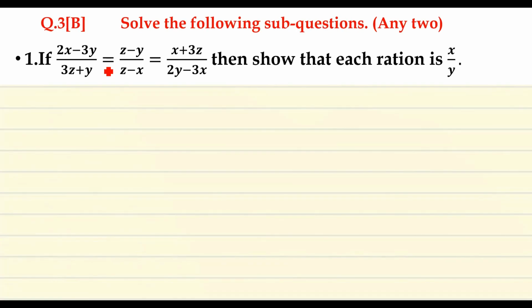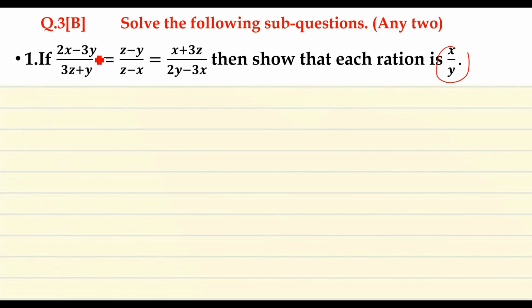Now we will move to question 3b. Again, this question is based on the ratio. Three ratios are provided, and we have to show that each ratio is x by y.